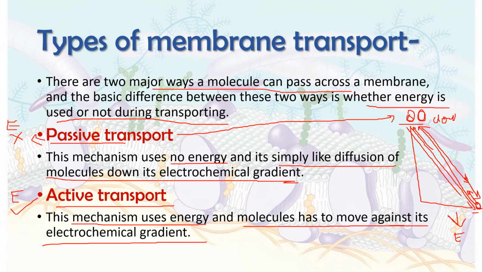So passive transport is basically downhill movement, where there is no requirement of energy to transport a molecule, whereas active transport is uphill movement, where we require energy to transport a molecule from lower to higher concentration.